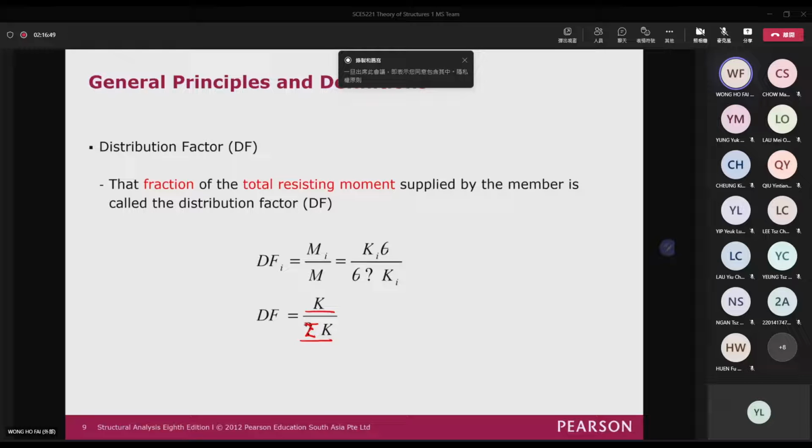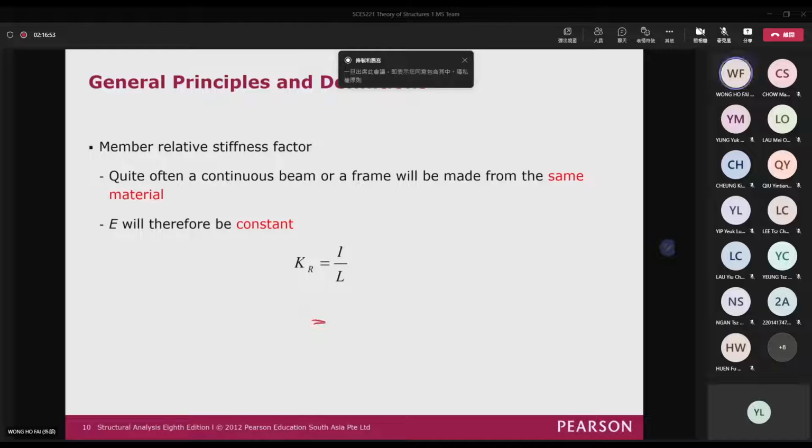And then basically for the K, before we mentioned that it is 4EI over L. But usually for the same truss, the E are usually the same. So we can use the so-called relative stiffness factor to consider our distribution factor.